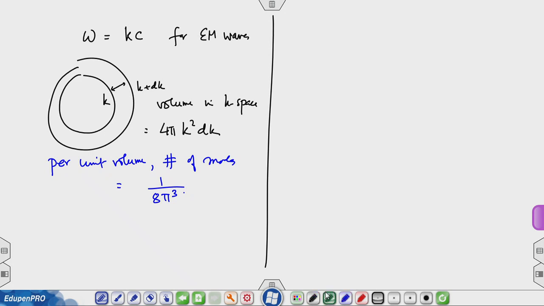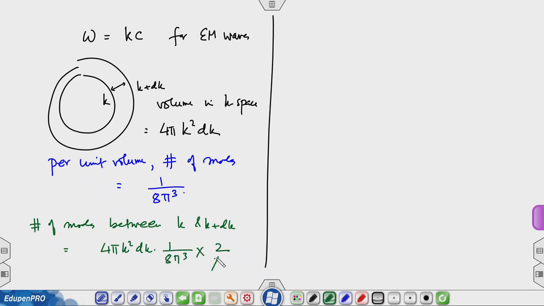So, the number of modes between k and k plus dk is equal to 4 pi k square dk times 1 over 8 pi cubed times 2, and this 2 is for 2 polarizations.